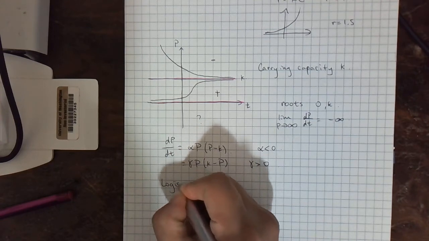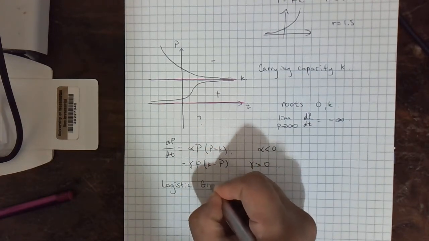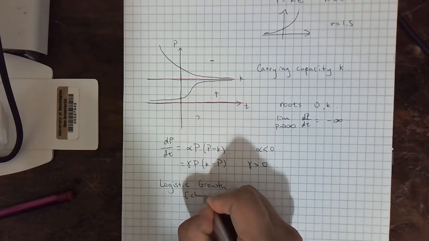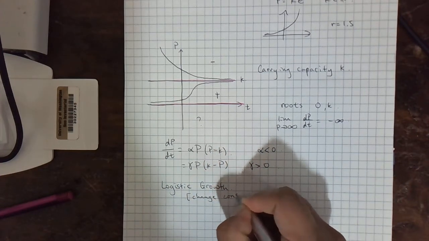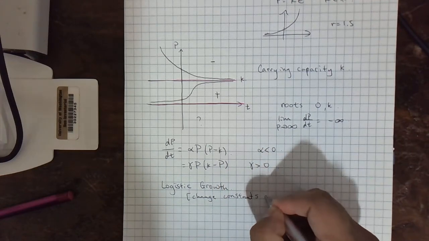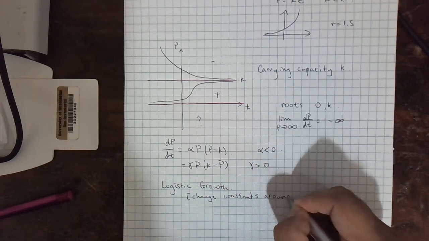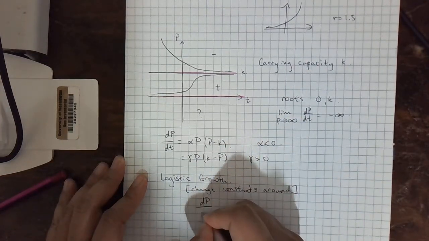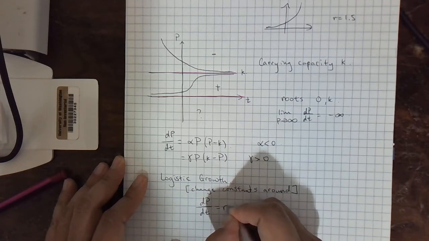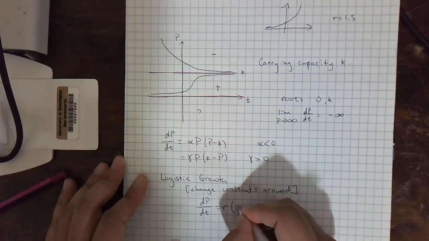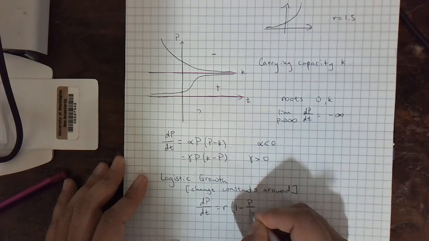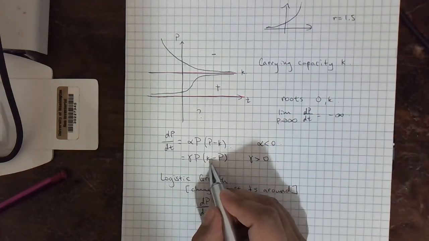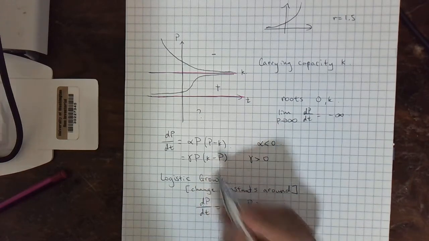And then in books the formula for this is what we call logistic growth. And all we're doing here is changing the constants around. So we're going to write dp by dt is r times 1 minus p over k. Notice that 1 minus p over k still gives me a root of k. It's just k minus p divided through by k.